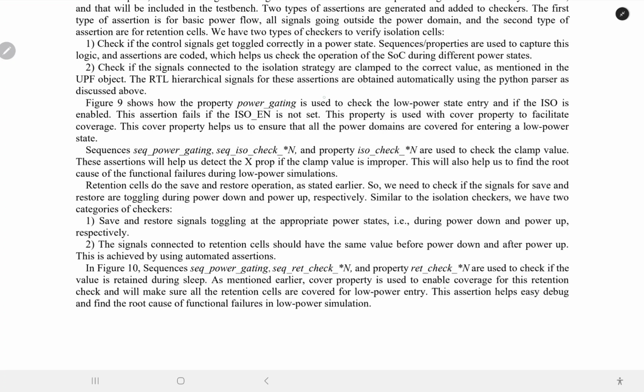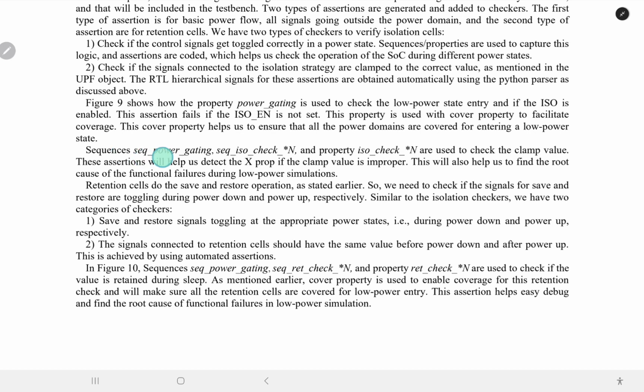The power gating is used to check the low power state entry and if the ISO is enabled. The assertion fails if the ISO enable is not set. The cover property is used to facilitate the coverage. These cover properties help us to ensure that all power domains are covered when entering a low power state.